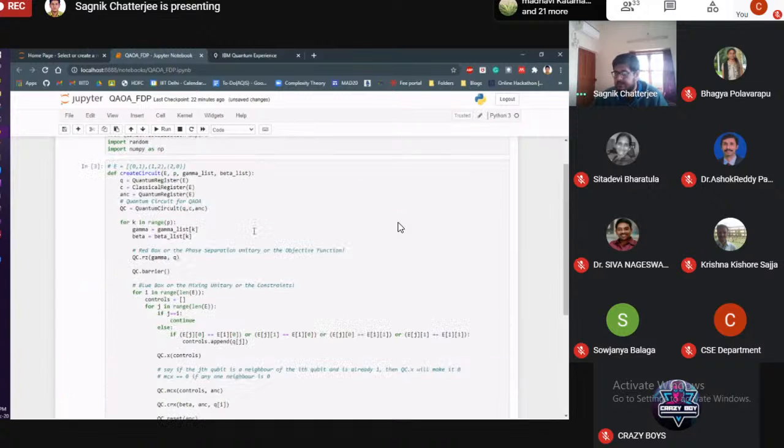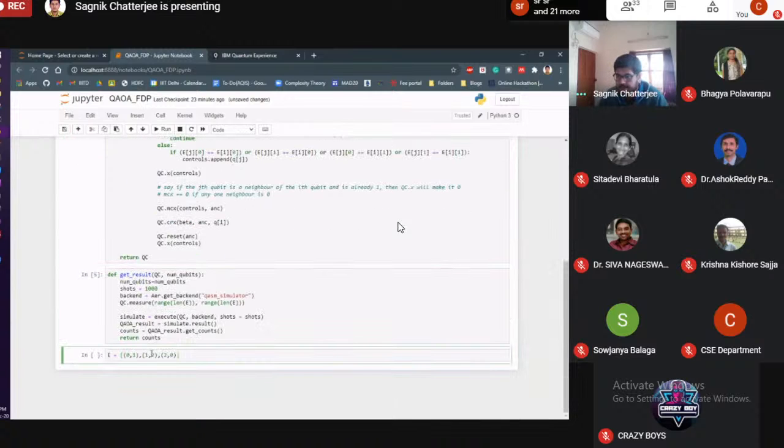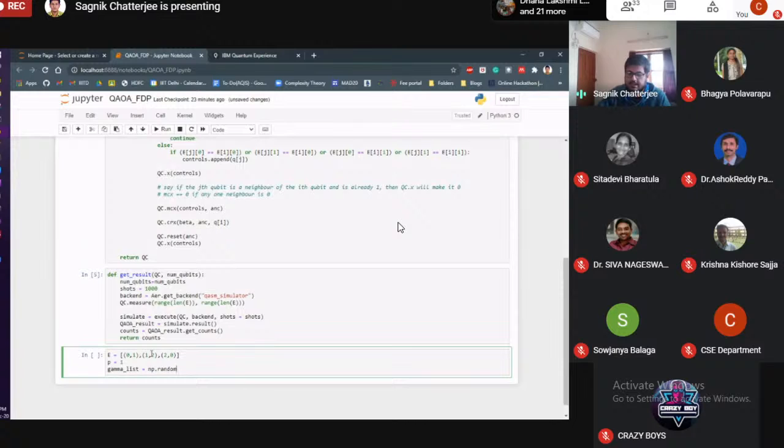So let's copy whatever we had, this triangle graph, and let's run it for p equal to 1. Let's define the gamma list equal to any random parameter, like np.random.rand p.